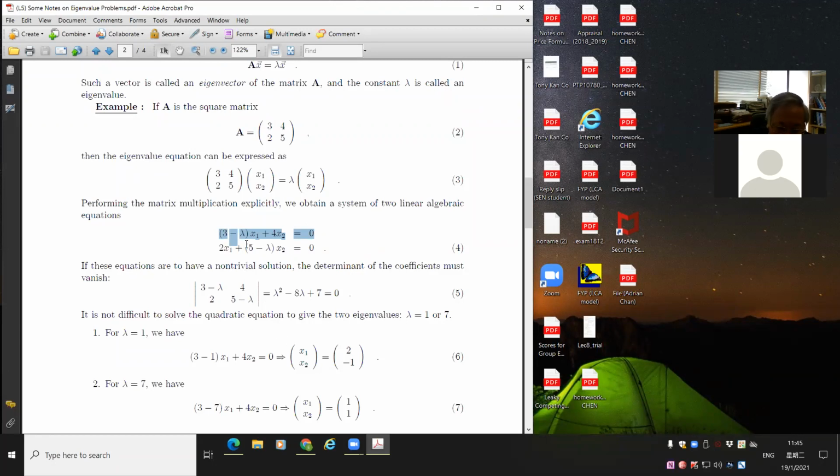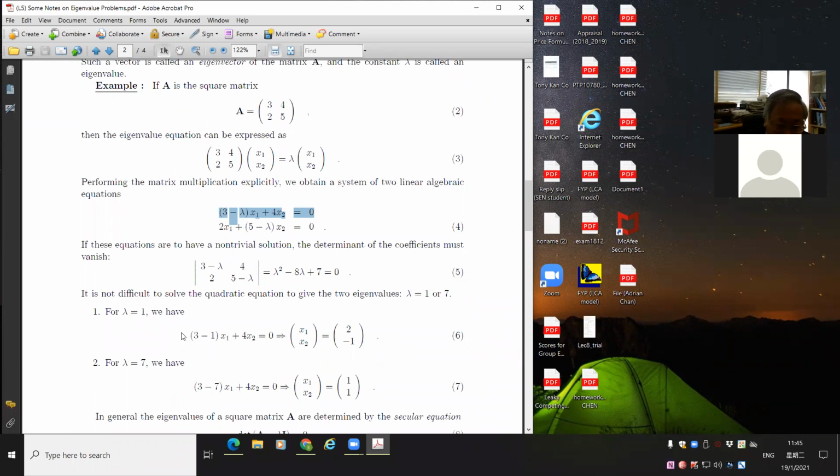We substitute lambda equal to 1 into the first equation, and we know that x1 must be proportional to x2 according to this ratio. If x1 equals 2, then x2 must be equal to -1. So this is the non-trivial solution corresponding to the eigenvalue lambda equal to 1.